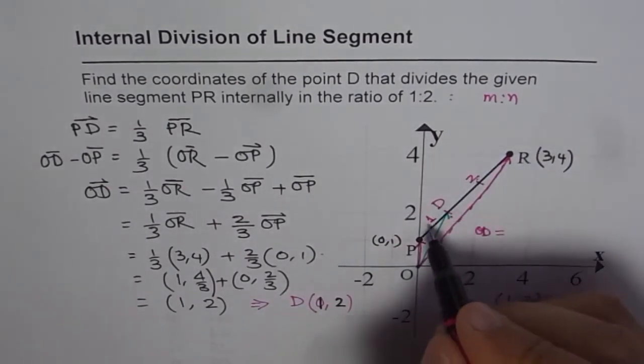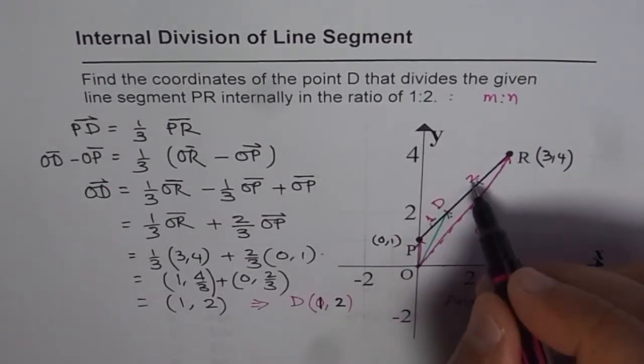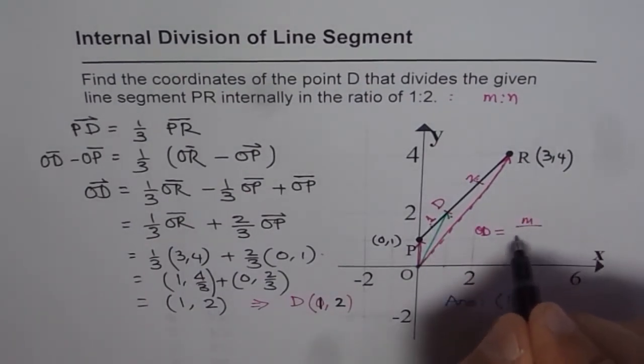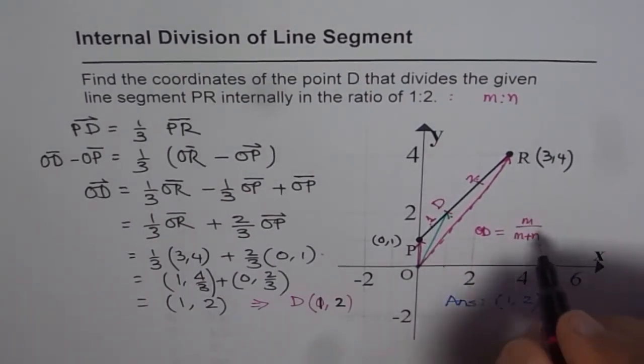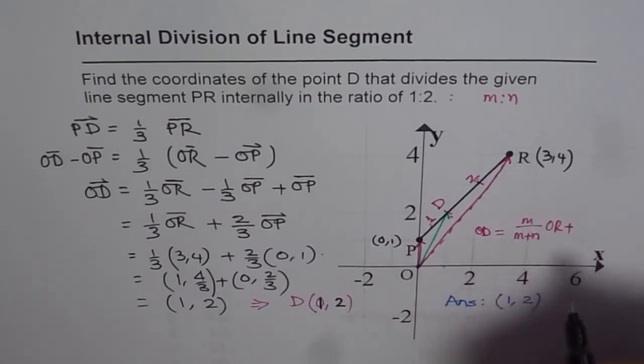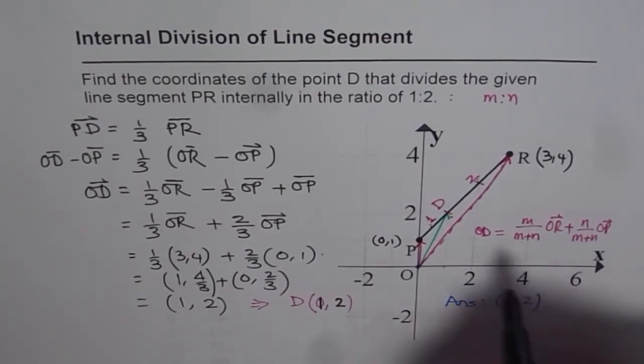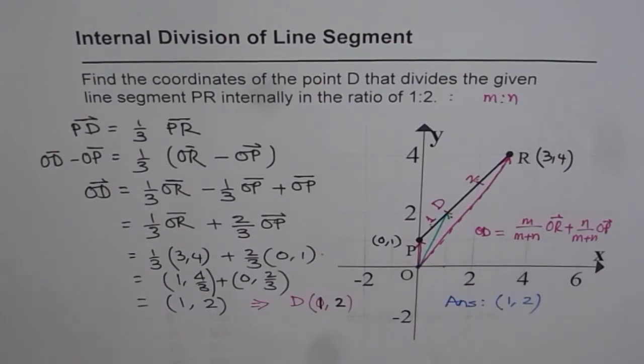In that case this will be m here and that will be n, right? So we can write this as m over m plus n times OR plus n over m plus n times OP, right? So that becomes a general formula which can be applied.